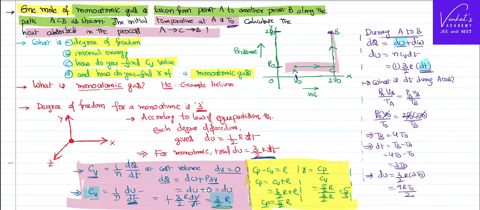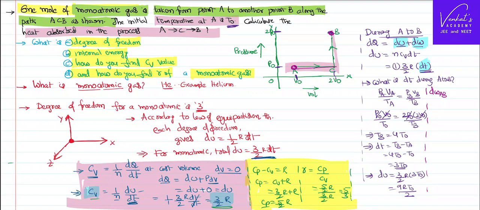Now to continue the problem, I need to know the value of dW. So my next thing to calculate is dW during A to B.